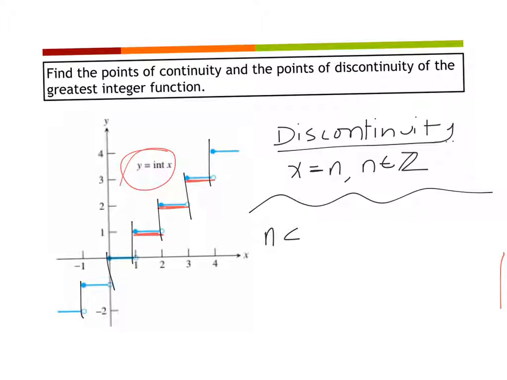I would never expect you to do this, by the way, but it would be something like x is greater than or equal to n and less than n plus 1 for any integer n. That would work, because n could be any integer, like 0, and it's going to be between 0 and 1, we're fine, but then once we get to 1, it's not going to be fine anymore. But it's pretty ugly. So every time there's a jump, there's a point of discontinuity.